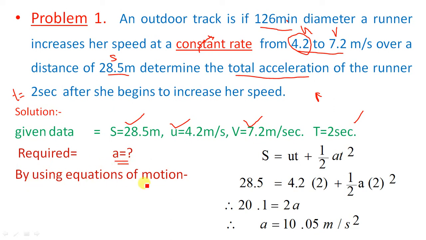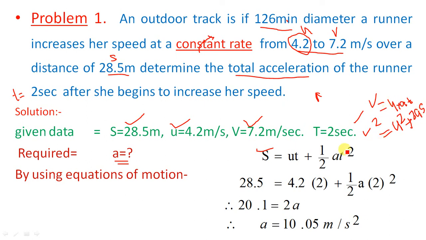Now by using the equations of motion, which equation is required? First we cannot directly predict which equation is required. So the better way is to first write down v is equal to u plus at, then s is equal to ut plus 1/2 at square, then v square is equal to u square plus twice of as.